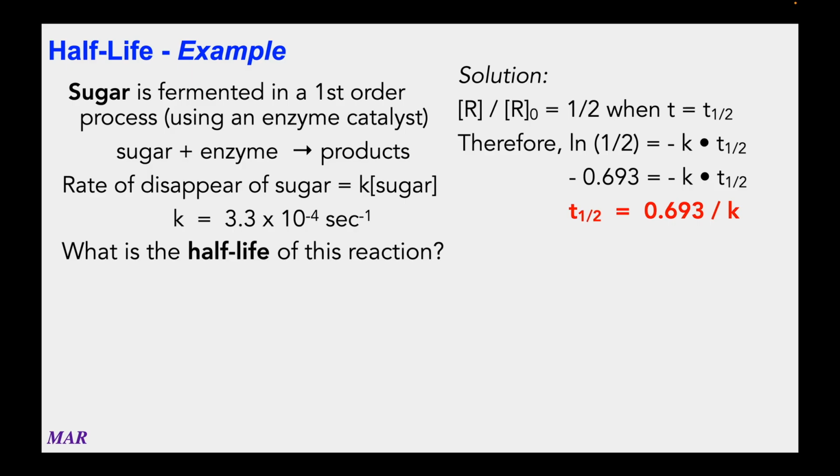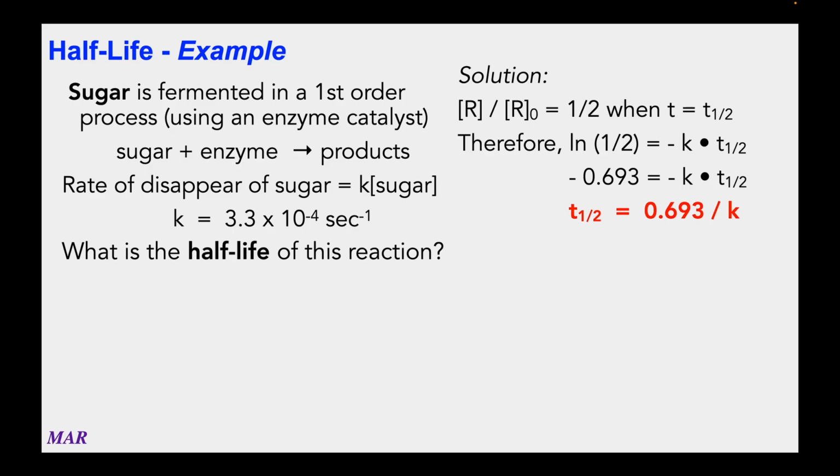But whatever you start with, R0, R will be half of that number when you get to the half-life. So R over R0 equals 1/2 when the time equals half-life, T1/2. So if you rewrite natural log R over R0 as natural log 1/2, that equals minus KT, but T at this point is the half-life, T1/2.